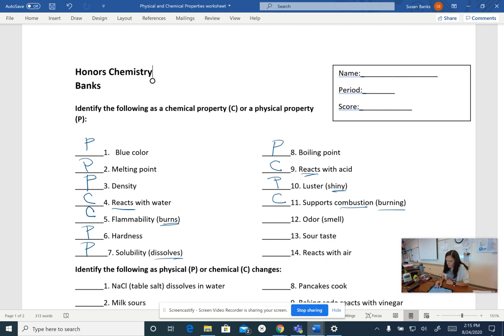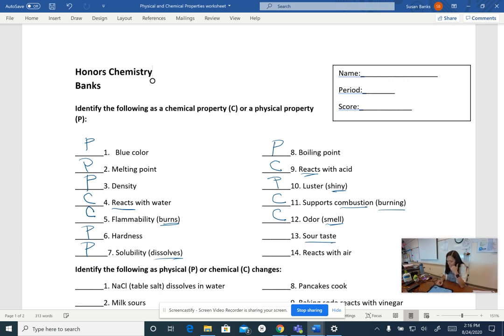Odor, smell. Now think really hard about what it takes for you to smell something. That molecule has to go into neuroreceptors in your nose. And those neuroreceptors create a chemical reaction that reacts with the nerves in your brain. So that is a chemical reaction for something to actually smell.